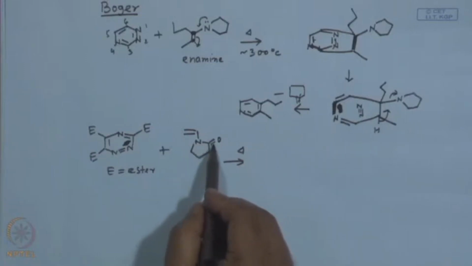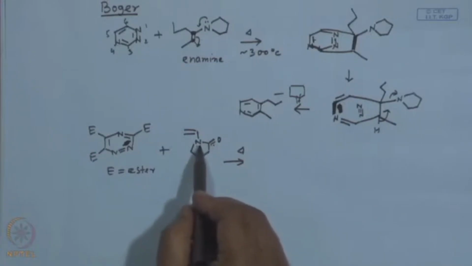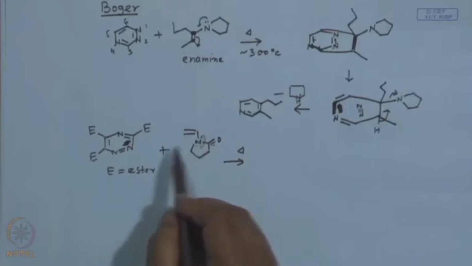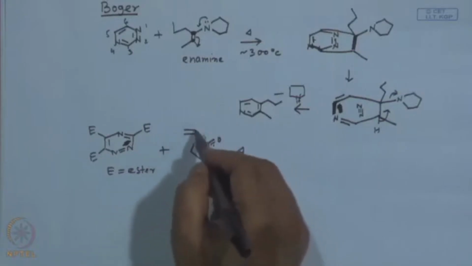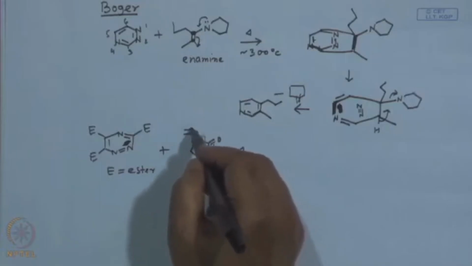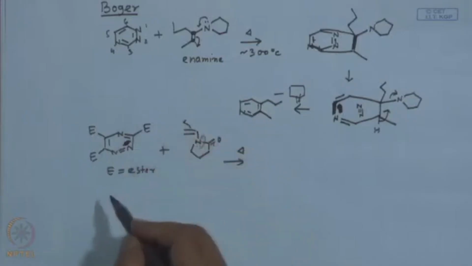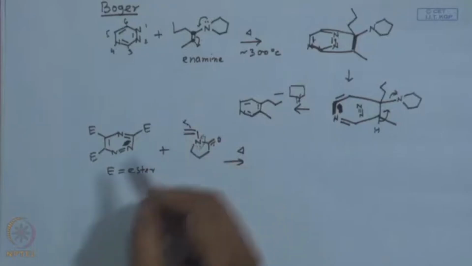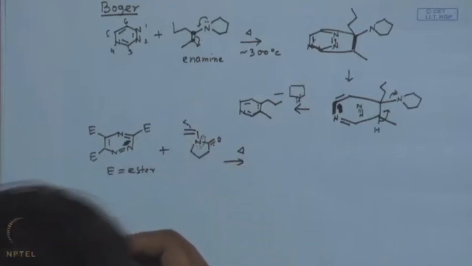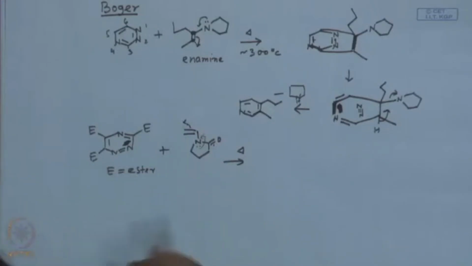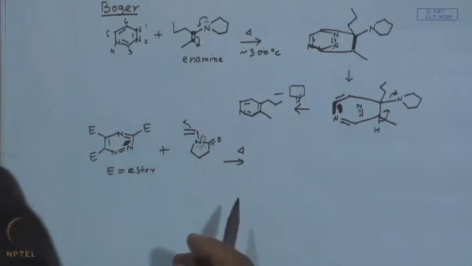Although you have a carbonyl group here, it is well known that this nitrogen directs these electrons towards the beta positions. Once again, like the enamine case, the reaction takes place on the beta carbon. Assuming that, let us see whether we come up with the right structure.